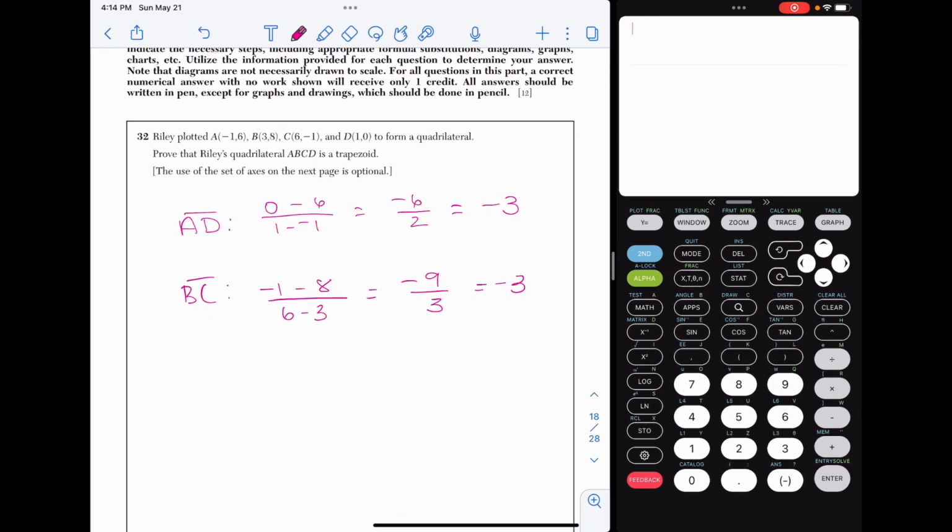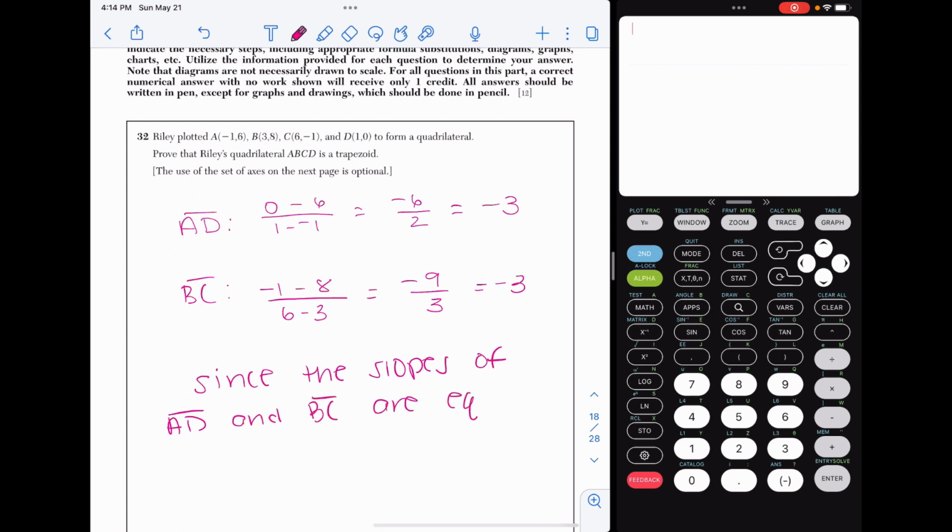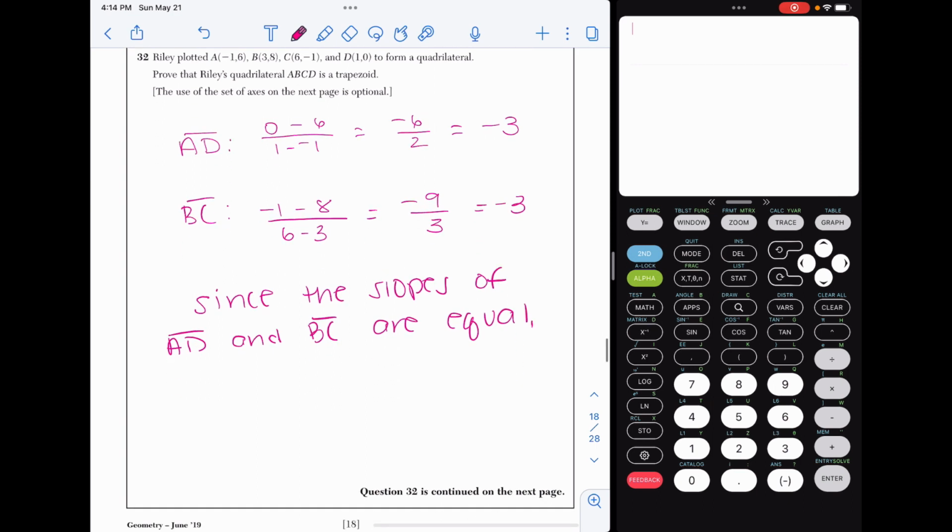So I'm going to write this in a little bit of a long sentence here. I'm going to say, since the slopes of AD and BC are equal, any type of proof, by the way, you need to write a sentence. So since they're equal, I know that AD is parallel to BC.